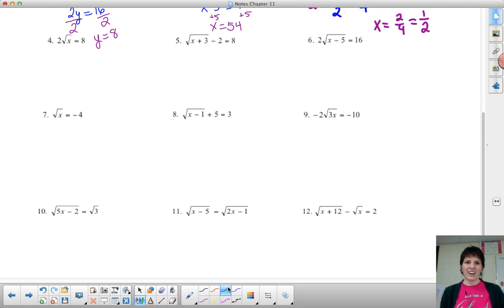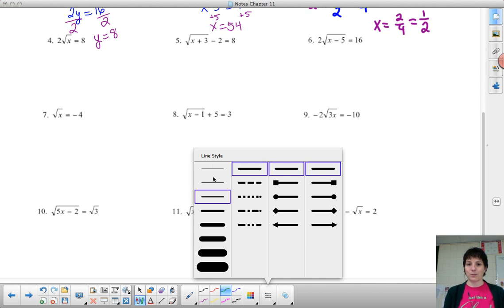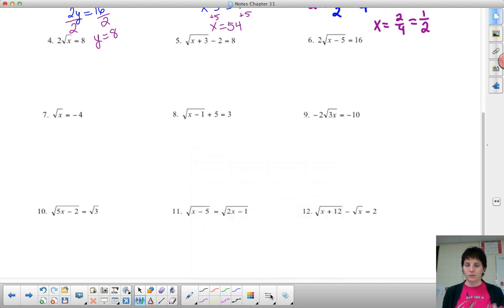So if I had 2w minus 8, like in number 4, if it said 2w instead of that radical, it seems pretty obvious that you would divide by 2. So that's all you're going to need to do here. The isolate step is just to make that radical equal to a number. So we now have the square root of x is equal to 4.